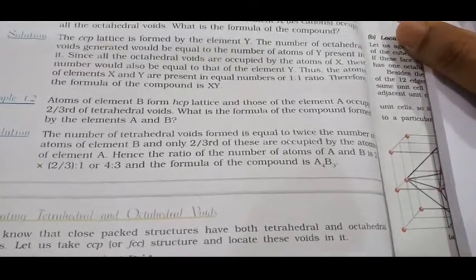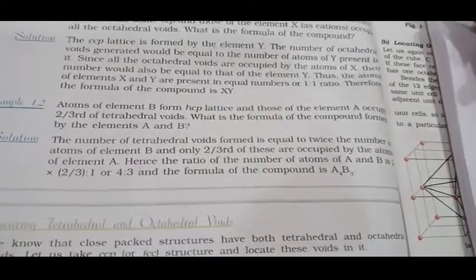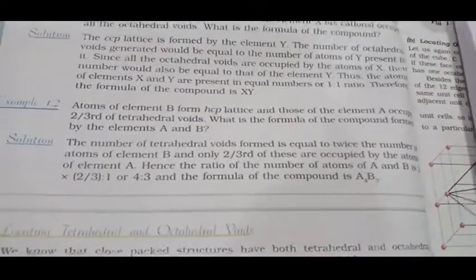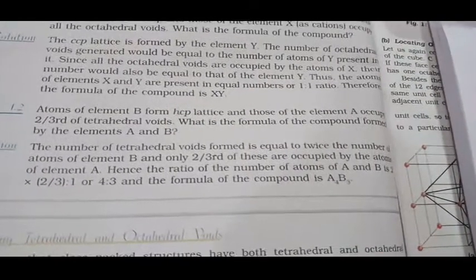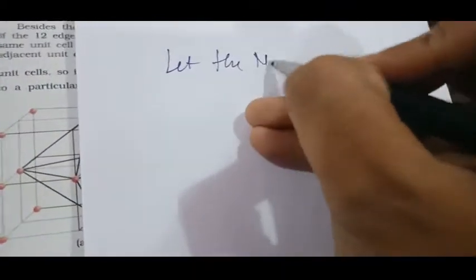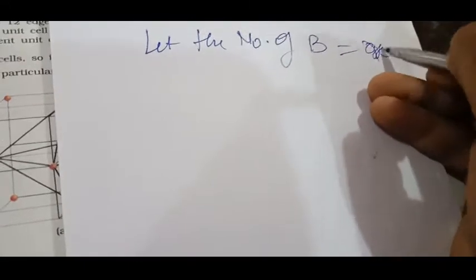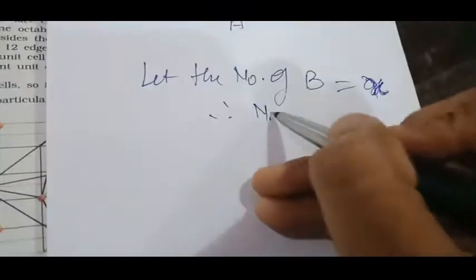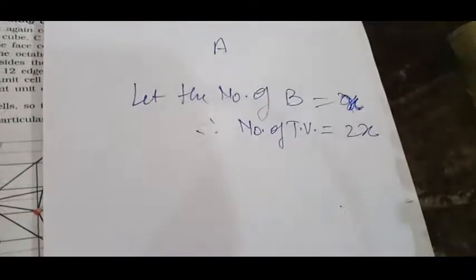Similarly, in the next question, the atoms of element B form an SCP lattice and those of element A occupy 2/3 of the tetrahedral voids. What is the formula of the compound? So element B forms an SCP lattice. Therefore let the number of B be A, or you can say here x. Therefore the number of tetrahedral voids is 2x, because it is twice in number.